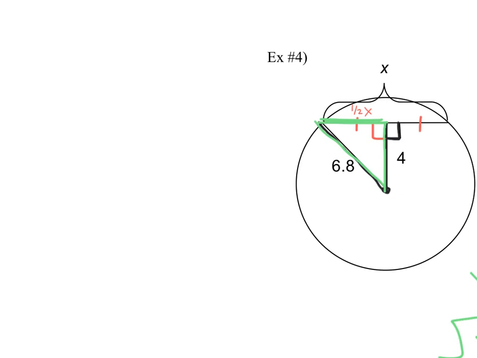Okay, so if I call this 1/2 of x, then I need to say 1/2 of x, squared, plus 4 squared equals 6.8 squared. When you square 1/2 of x, you're squaring 1/2, which is 1/4.